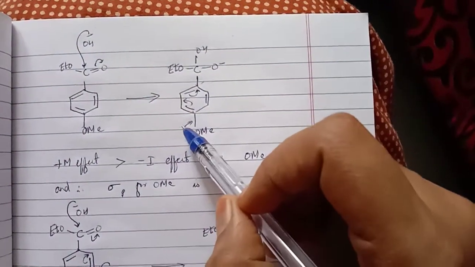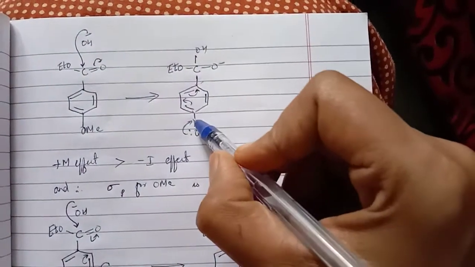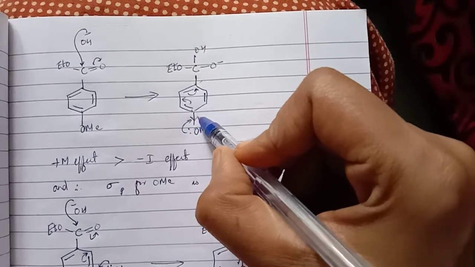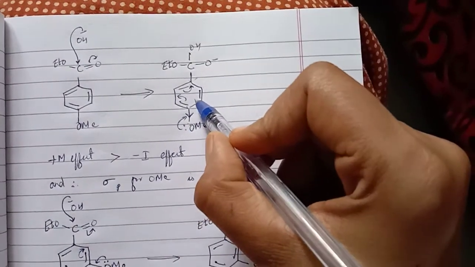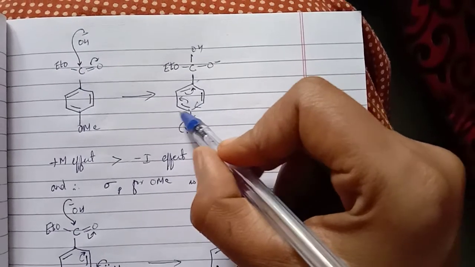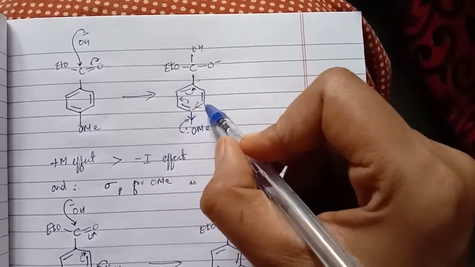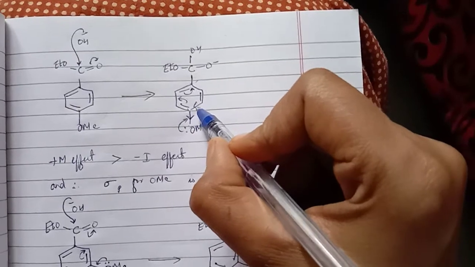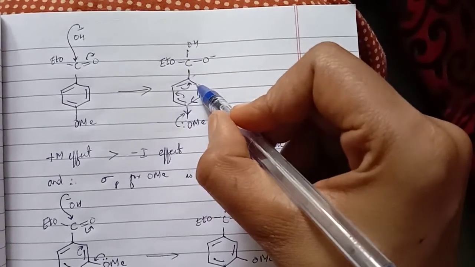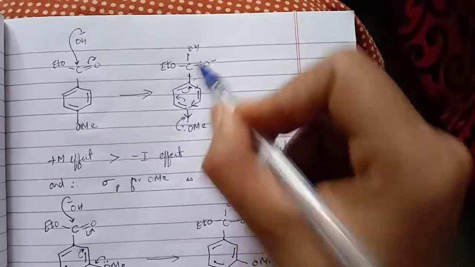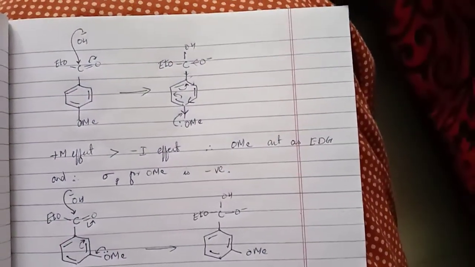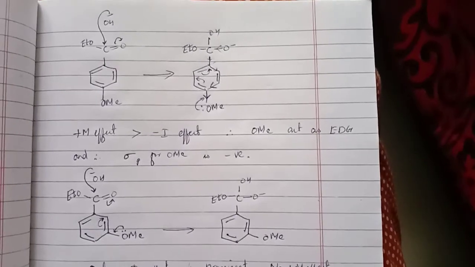That is the plus M effect. And the minus I effect means the electron will be pulled towards OMe, so I will show it in this direction. The M effect is shown on this side, and the I effect will be shown on this side. So two effects are acting in the opposite direction.